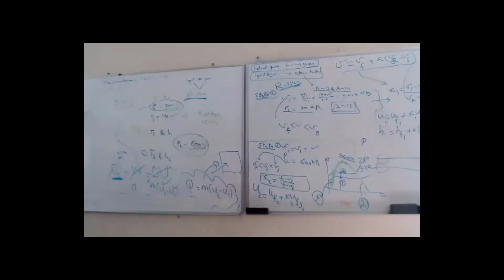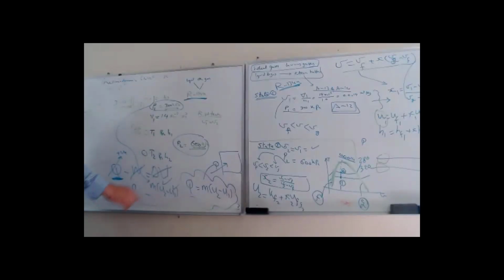Unlike any other course, it's based on the previous lectures and previous homeworks. In homework 1, I ask you to get state 1 or state 2. In homework 2, I will ask you to get Q, which is the first law. If you cannot get state 1 or state 2 from homework 1, it's impossible to solve homework 2. The same for homework 3, which is a continuation of both of them.